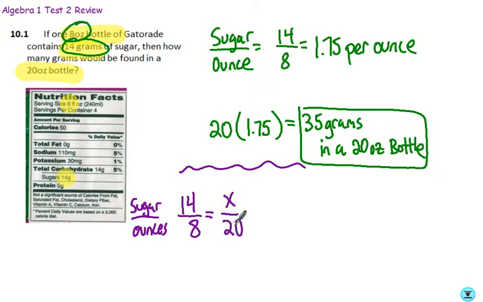And the reason I can set these two fractions equal to each other is because we're making the assumption that the batch of Gatorade is the same formula, so these two things are equivalent. It's just one's a bigger size bottle.